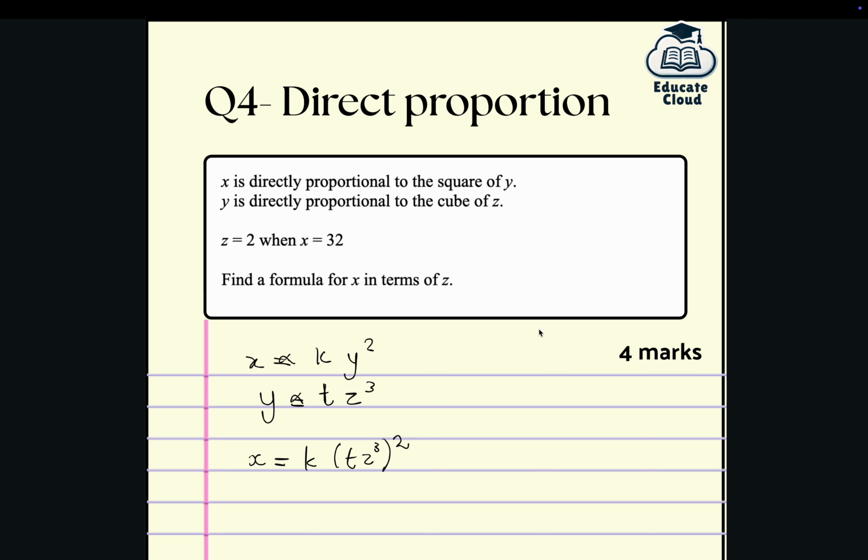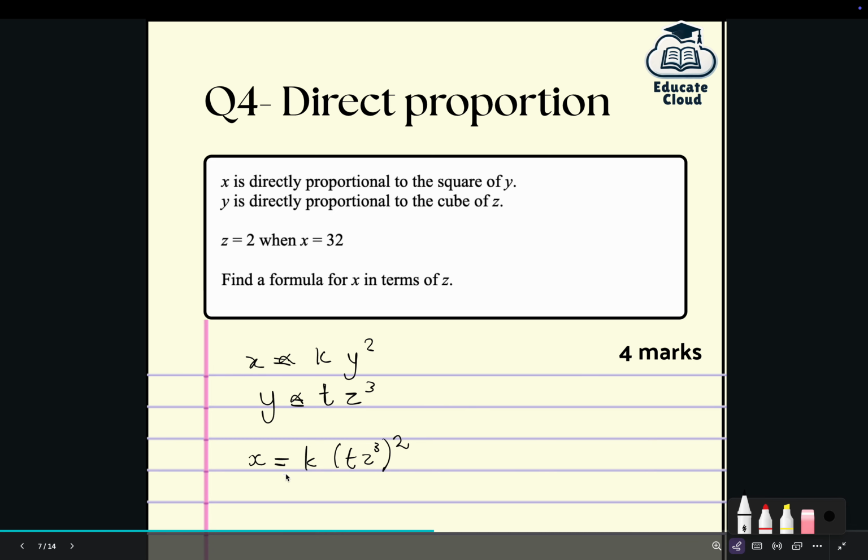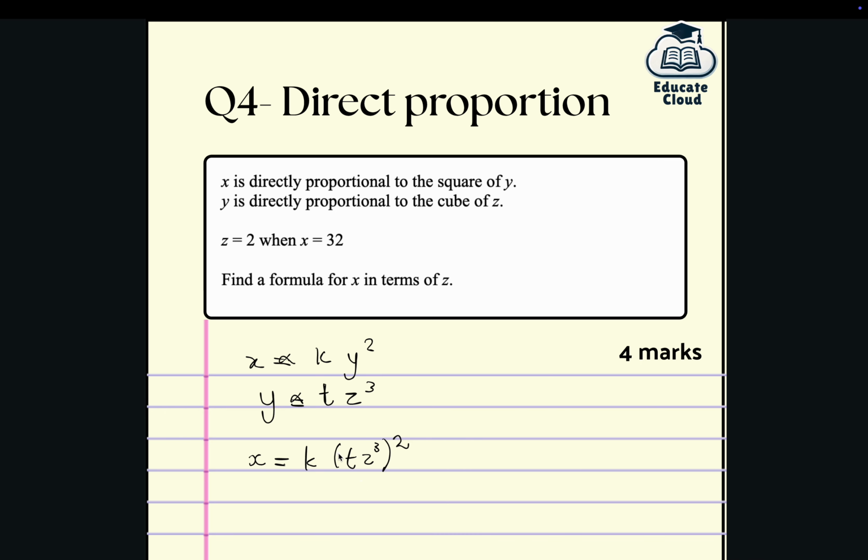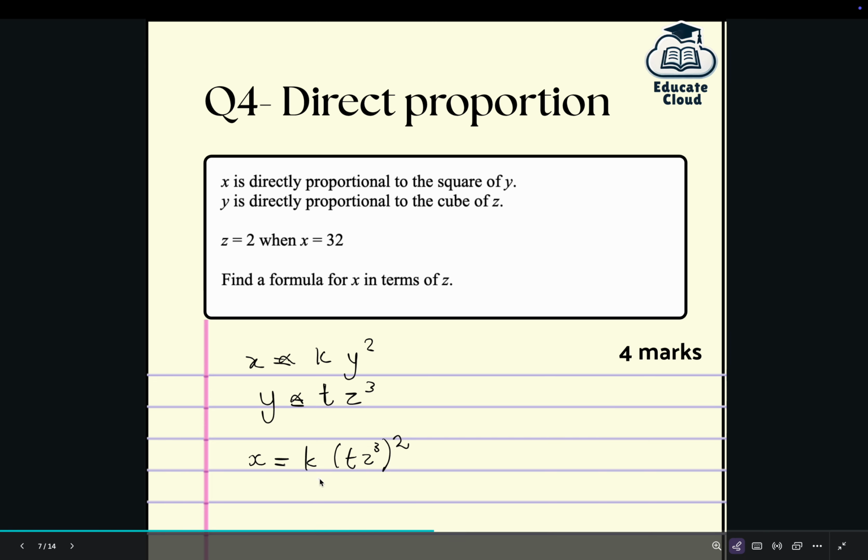And then what I could do is I can sub in x and I can sub in z. And I could find out what my kt squared is. So if I expand this out, I will actually just get kt squared, z to the power of 6 is equal to x. Let's move on here.